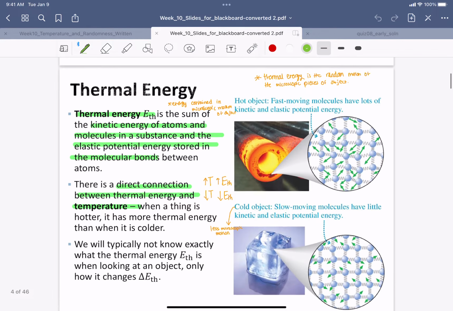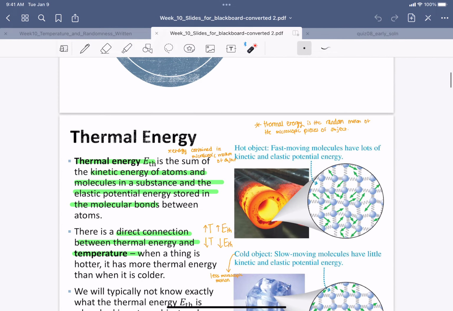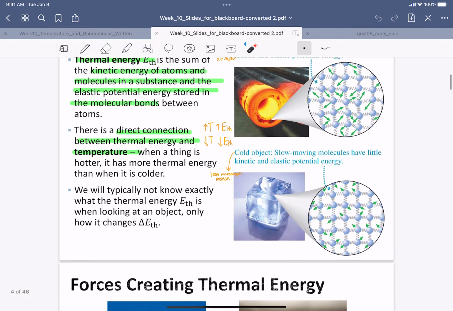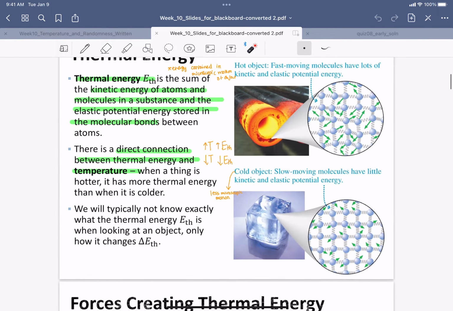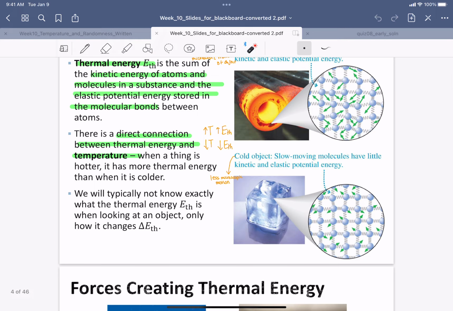All right. Let's see here. Thermal energy. I don't know if there's much that you necessarily need to know for the quiz about thermal energy, but just general definitions and different relationships between thermal energy and temperature.